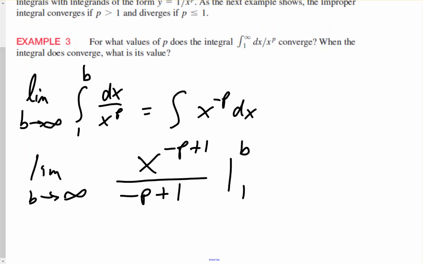Now this divided by negative p plus 1, we could write that as a coefficient. I could pull it out as 1 over negative p plus 1. We could just say 1 minus p.